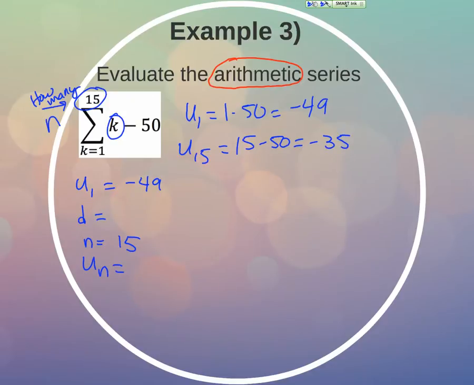And since I'm only going to the 15th term, that's my n. The 15th term is the last term, because we're stopping there, and it is negative 35. Now, I don't know the common difference, but I don't even need to know it because I can use the short formula, which is just n divided by 2, and then the first term plus the last term.